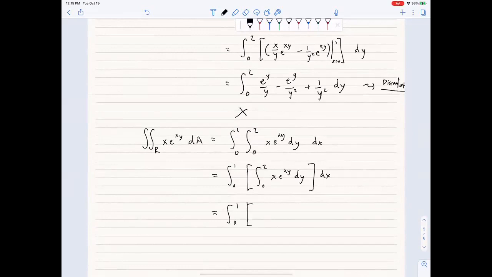Here I'm just going to have e to the xy. And here I'm going from y equaling 0 to 2. All right, if I take the derivative of this with respect to y, this is what I get. So this is the antiderivative with respect to y.